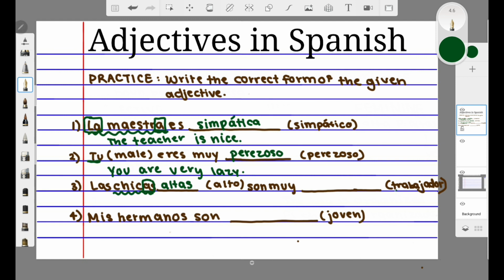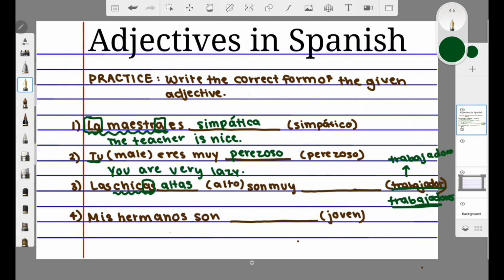So trabajador is a very specific adjective. If it is plural but masculine, then trabajadores would work. And if it is masculine singular, yes, it would still say trabajador. However, if it's feminine, it becomes trabajadora.